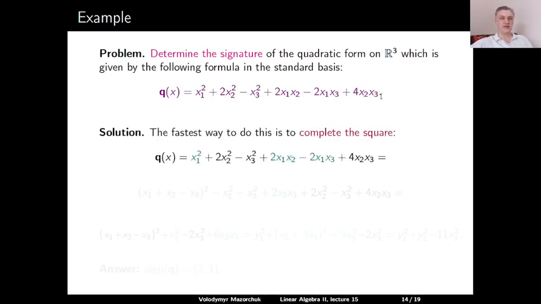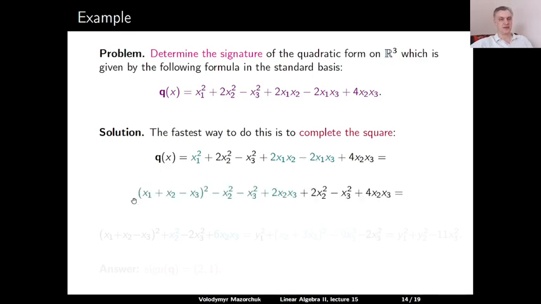Solution: the easiest and fastest way to solve such a problem is to rearrange the expression for the quadratic form by completing the square. So let us look at all summands of our expression which contain x1. So this is x1 squared plus 2x1 x2 minus 2x1 x3.